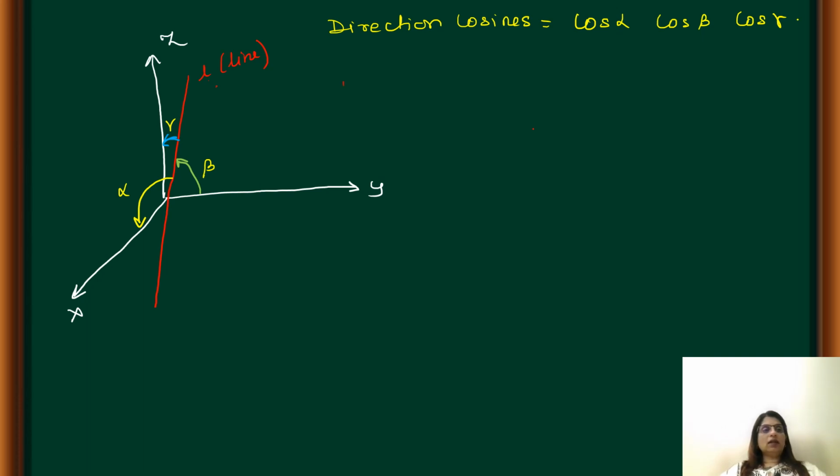Now understand one thing: this line is making two angles with the positive direction of all the axes.